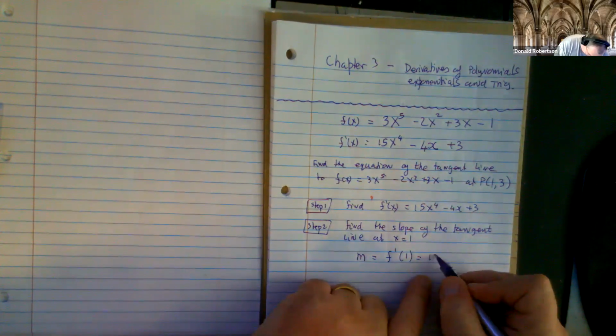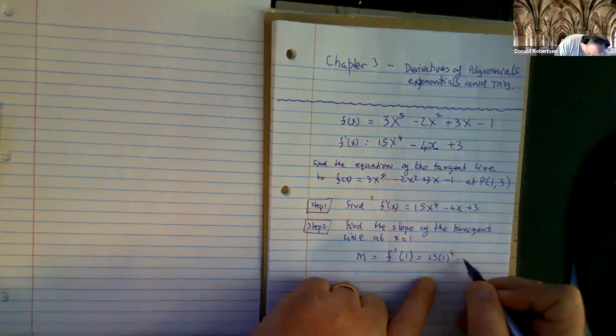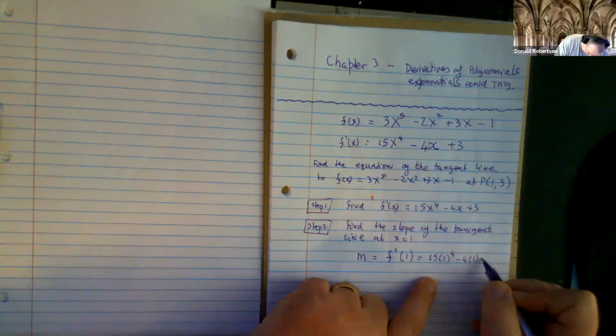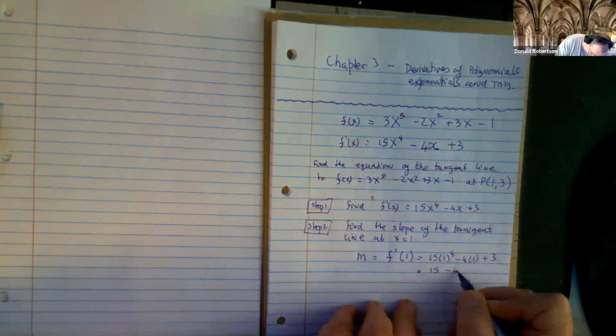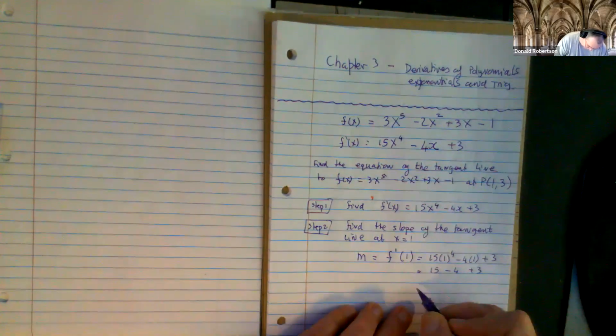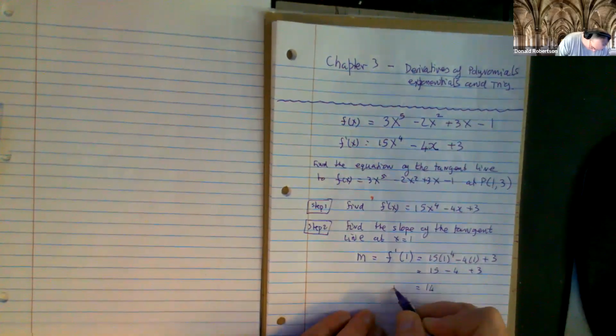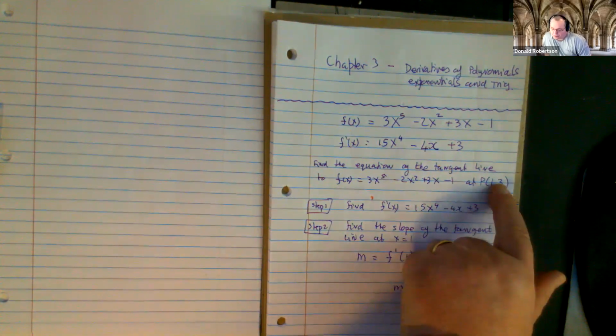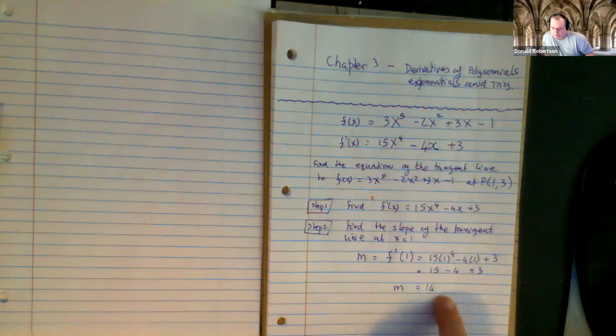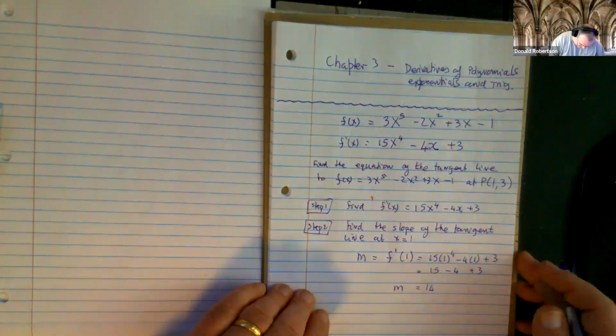That's going to be 15 times 1 to the 4, take away 4 times 1, add 3. That's 15, take away 4, add 3, and I hope that's 14. Does that seem pretty straightforward? That's what you would have done if I hadn't told you to do it, right? Find the derivative, because that's going to give me the slope of the tangent line. Evaluate the derivative at whatever the x coordinate is, in this case 1. And now I know the slope of the tangent line, which I'm calling m.